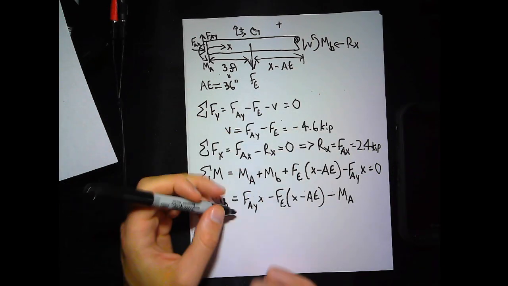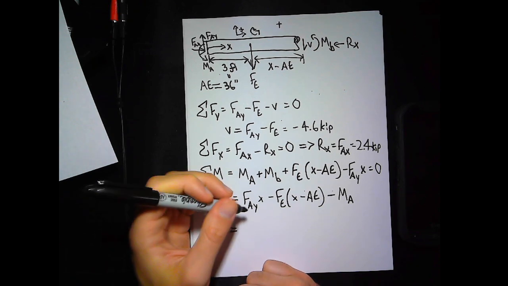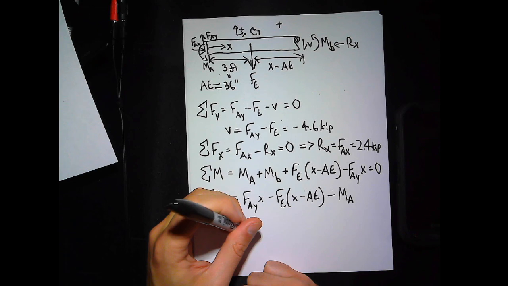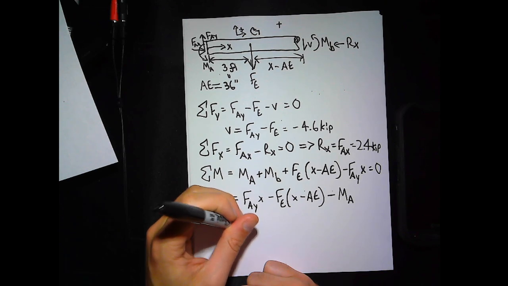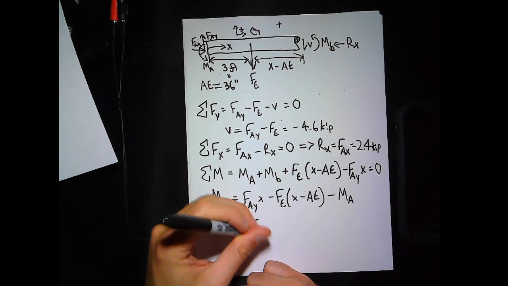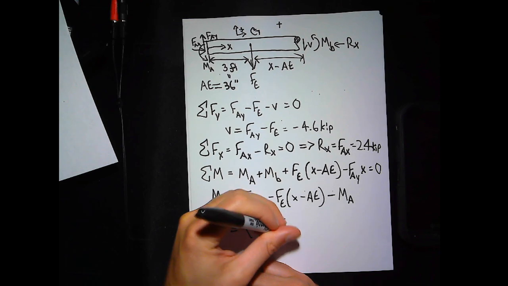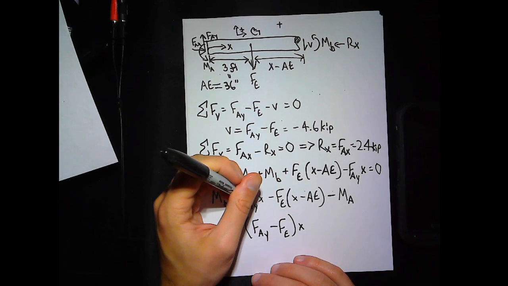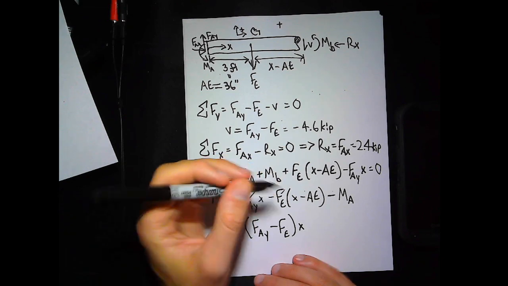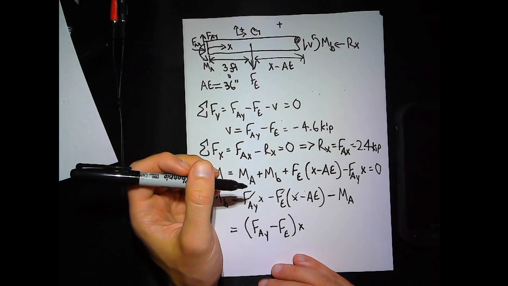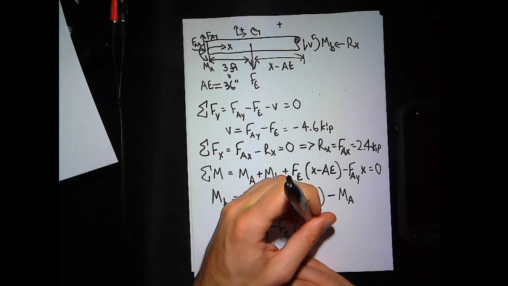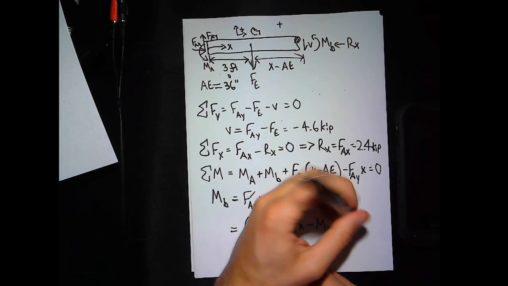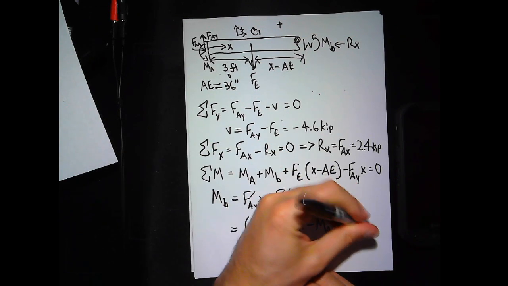If I rearrange this a little bit, I can say something like FAY minus FE times X takes care of those two terms, then minus MA plus FEAE.